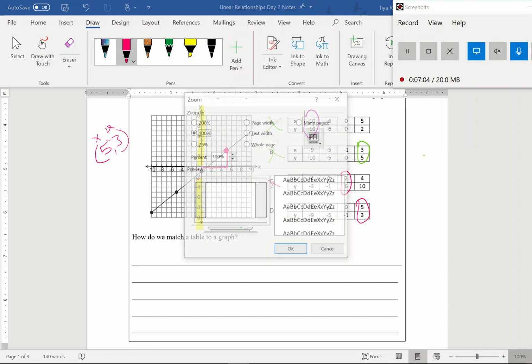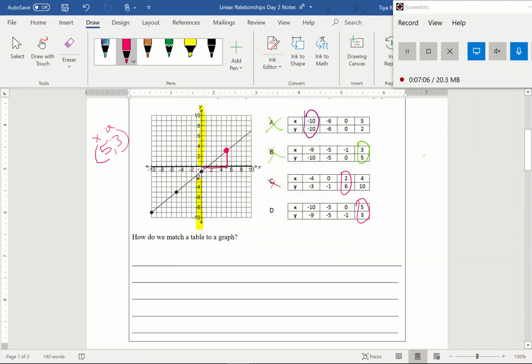It is. So far, so good. That one checks out. Let's do 0, negative 1. We stay at 0 because it says 0, then go negative 1, so we're going down 1. Is that spot on our line? Yes.